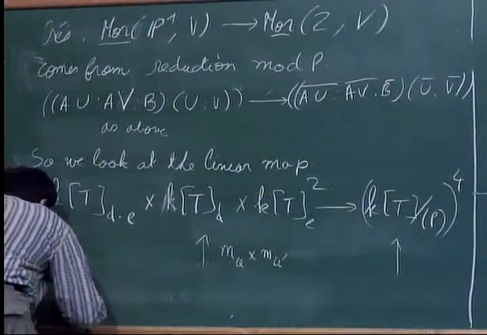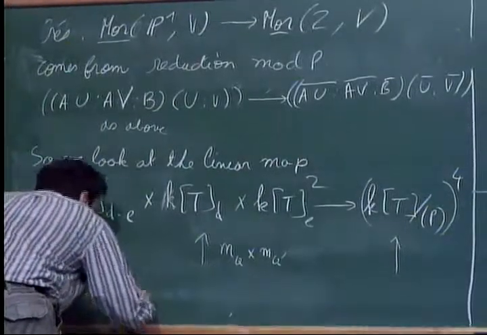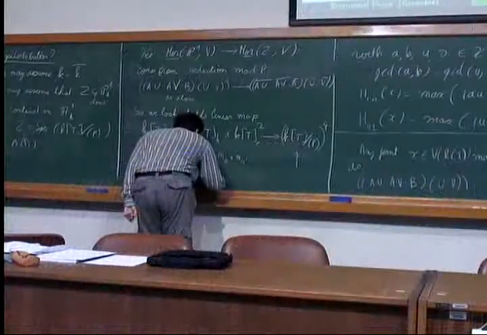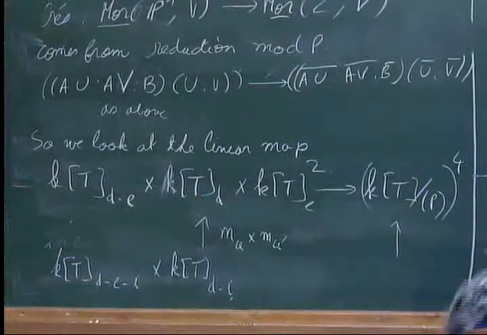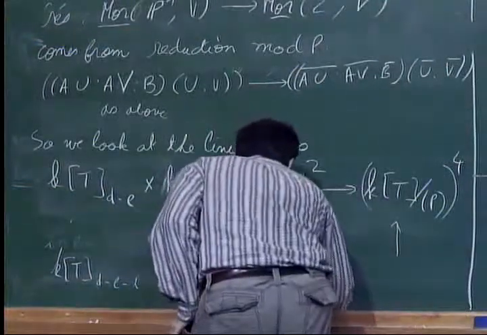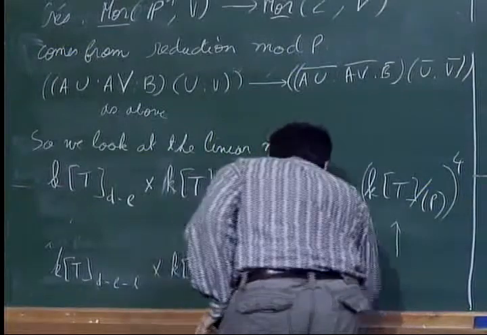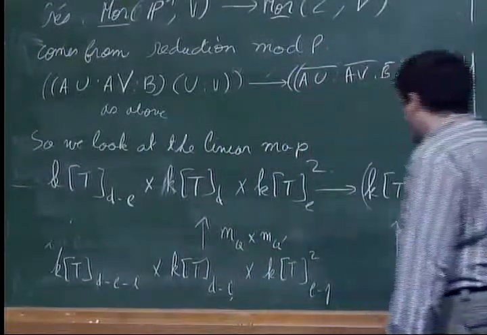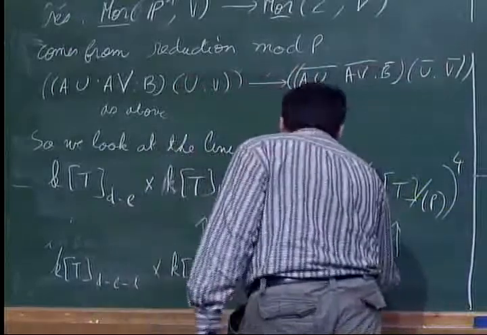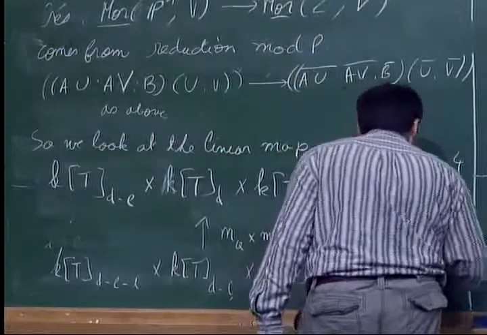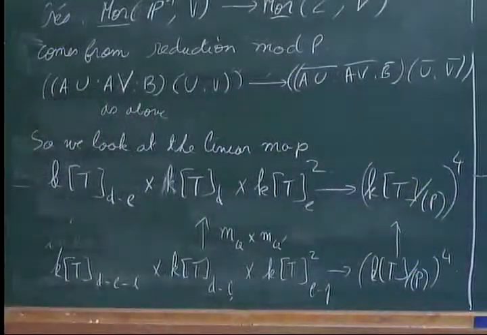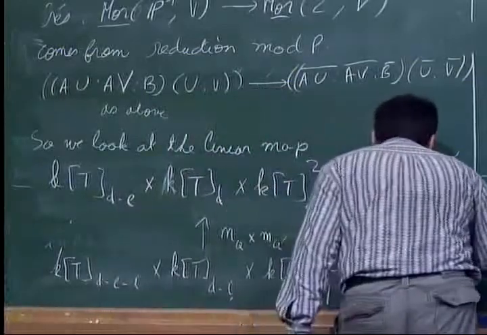This will come from something which looks like polynomials of degree D minus E minus I in K[T], where I is the degree of the polynomial Q, times polynomials of degree less than E minus J, squared. And again, I can reduce modulo P to the power 4. So this is a multiplication by the reduction of the polynomial.